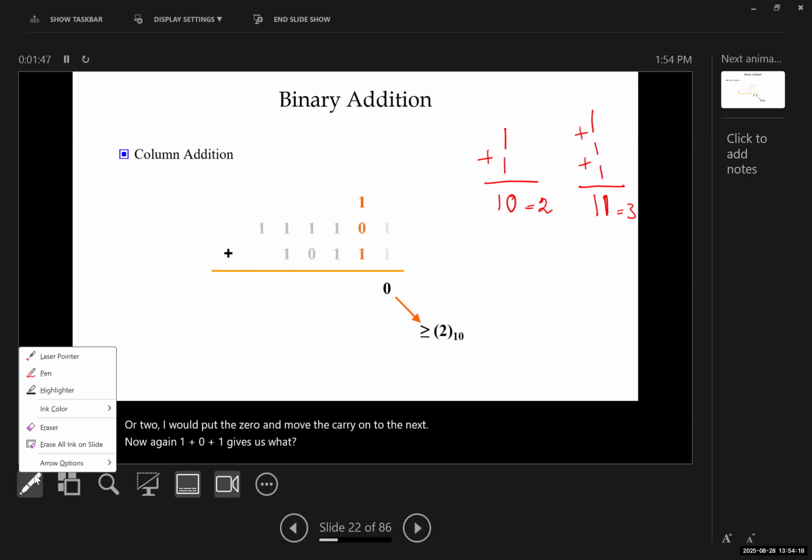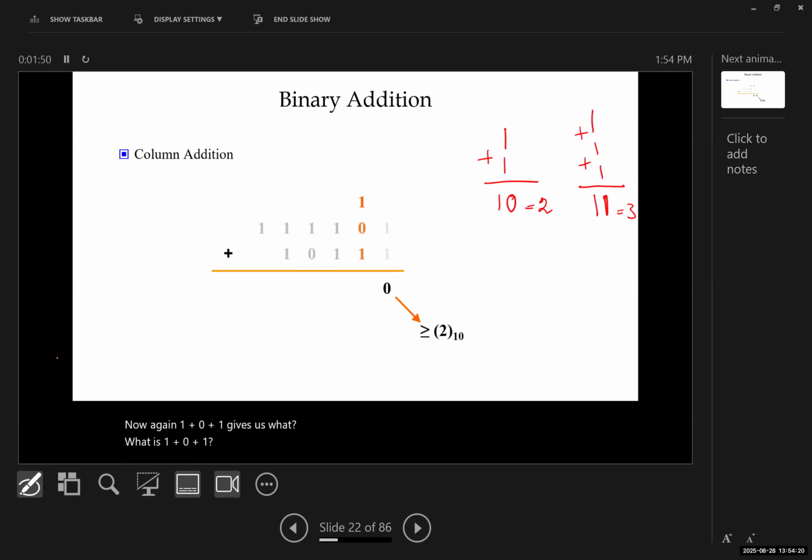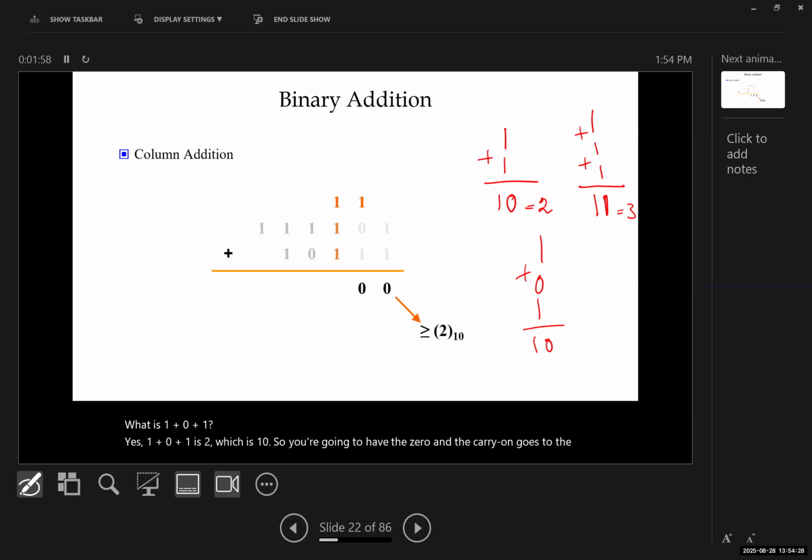What is 1 plus 0 plus 1? Yes, it is 2, which is 10. So you're going to have the 0 and the carry goes to the next. Now, what about 1 plus 1 plus 1? What is the answer? 11, perfect.